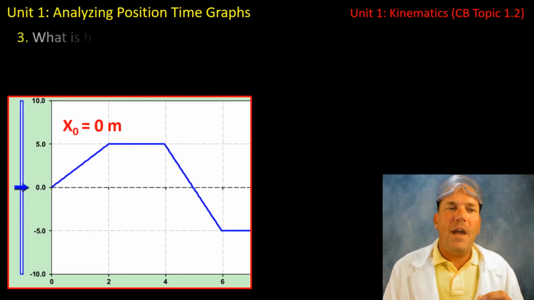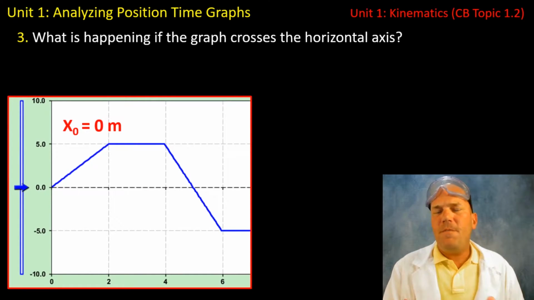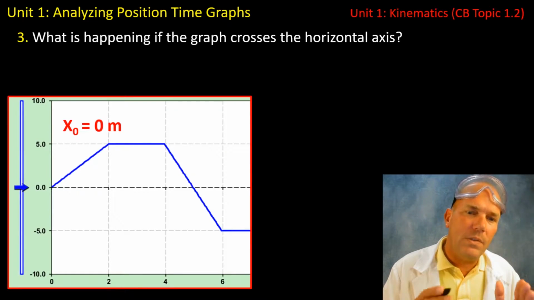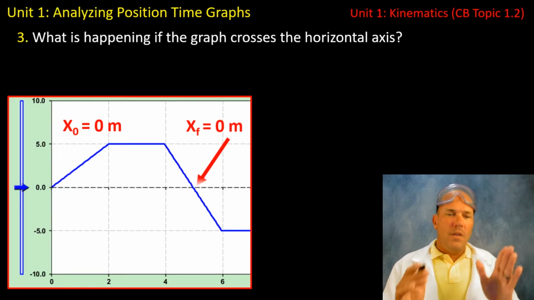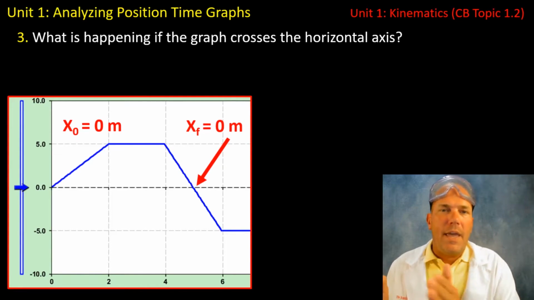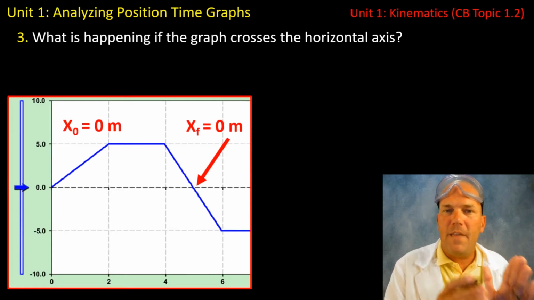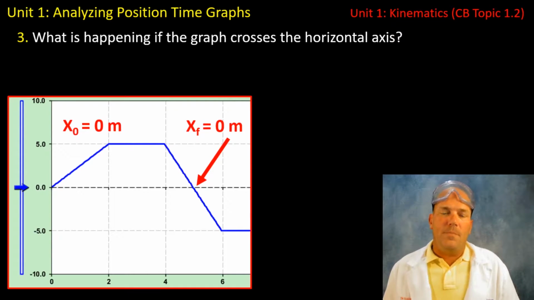So moving right on to question 3, what is happening if the graph crosses the horizontal axis? Well, in this case here, we can look at our final position being at 0, and our initial position of x naught is at 0 as well.